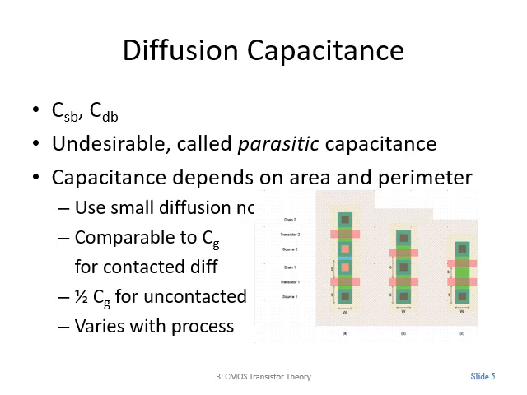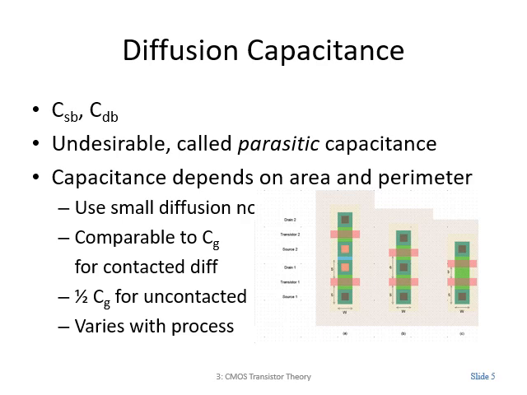Here we are going to see the diffusion capacitance. It is the p-n junction between the source diffusion and the body that contributes. It is called the parasitic capacitance. The capacitance depends on both the area as well as the sidewall perimeter, that's why we have this diagram.